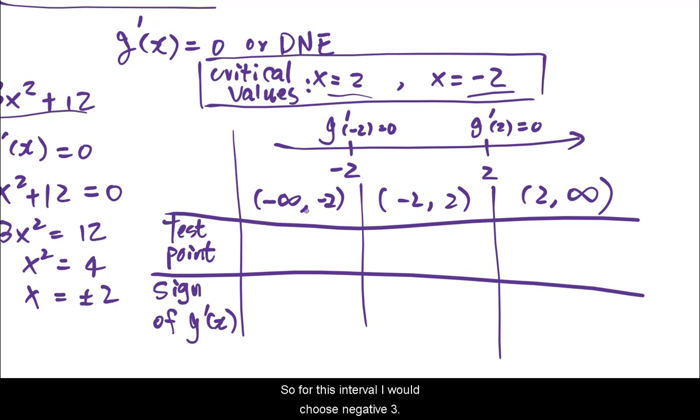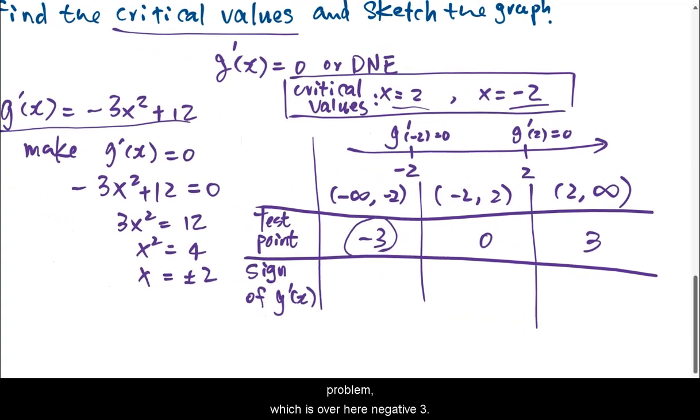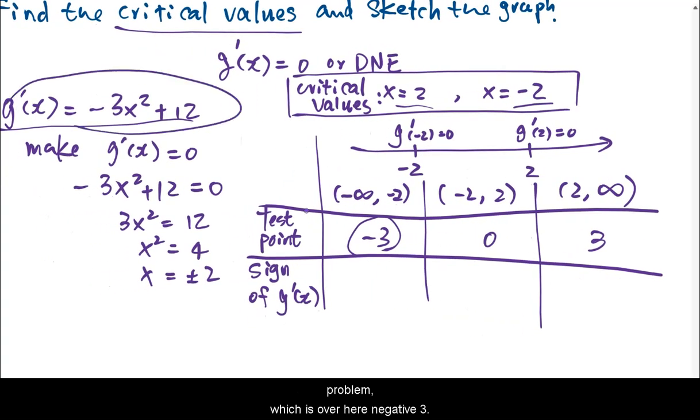So let's put a test point from each interval. For this interval, I will choose negative 3. Here I will choose 0, and over here I will choose 3. Okay, I'm going to plug negative 3 into g prime of x, which is over here: negative 3x squared plus 12.